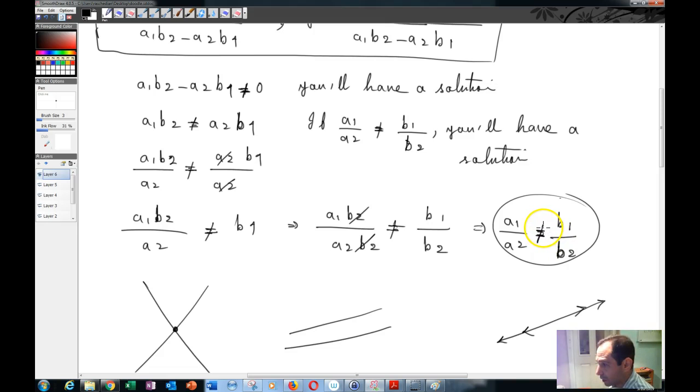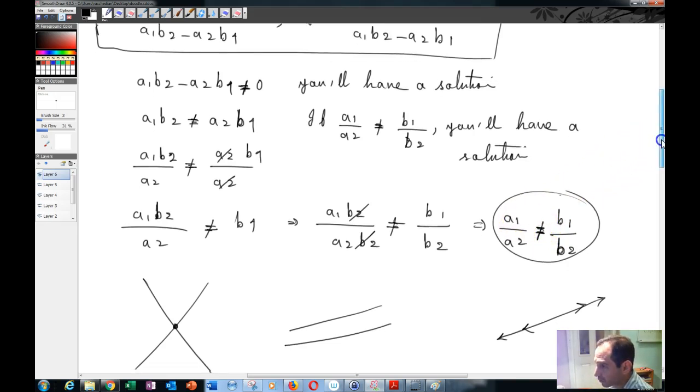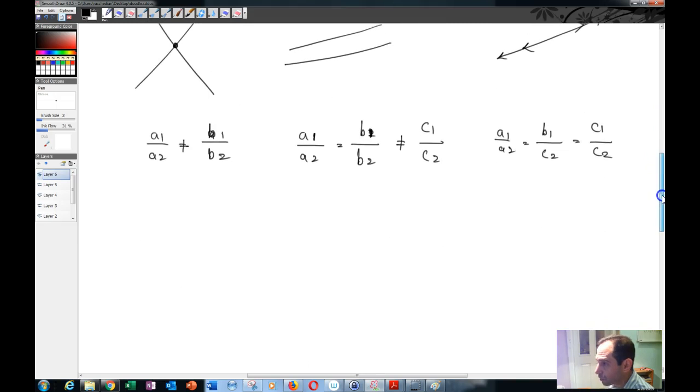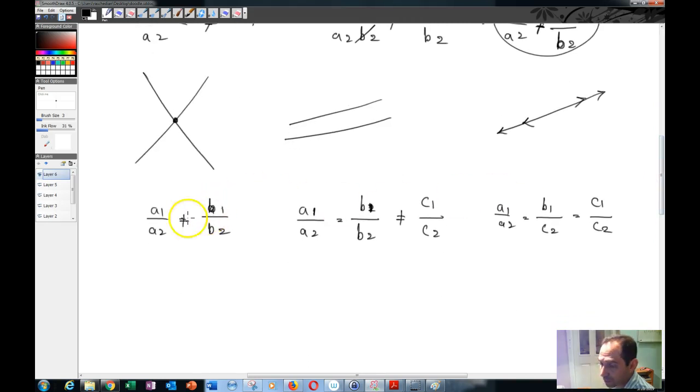So at the end of the day, you will get the same kind of deal that we had before. Meaning that if a1 to a2 is not equal to b1 to b2, you will have a solution. If a1 to a2 is equal to b1 to b2 is not equal to c1 to c2, you will have no solution because the lines have no point of intersection. And if the two lines are coincident, then all three ratios are going to be the same.